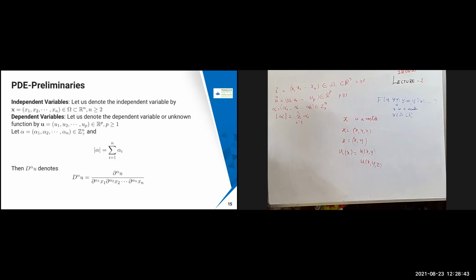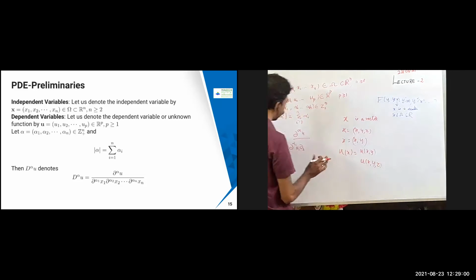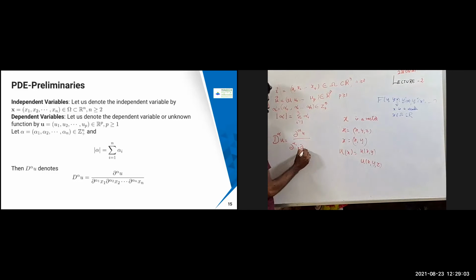Then I'm going to define D alpha u, which is called the partial derivative. That is defined as follows: dou^|alpha| u divided by dou x1^alpha 1, dou x2^alpha 2, etc., dou xn^alpha n. So for each xi I'm defining an alpha i.